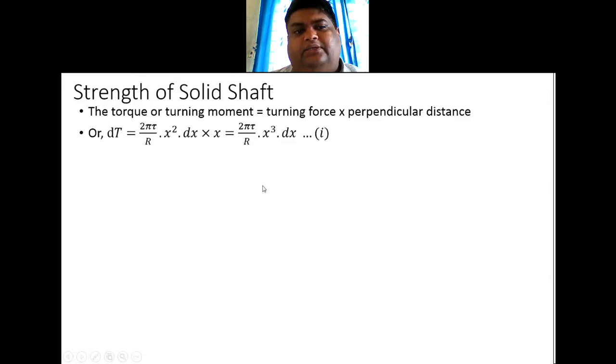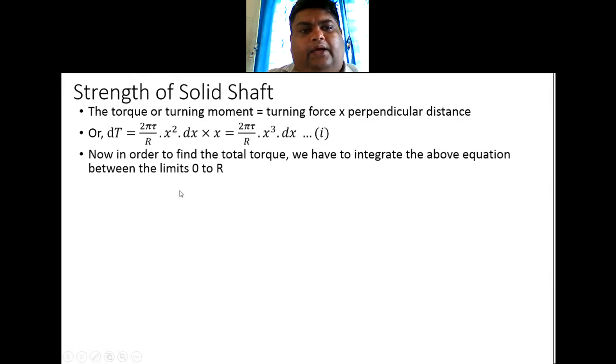It does not change, so I'm keeping it as it is. Now in order to find the total torque, we have to integrate this equation from the limits 0 to r. 0 is the center of the shaft, r is the outermost surface of the shaft.